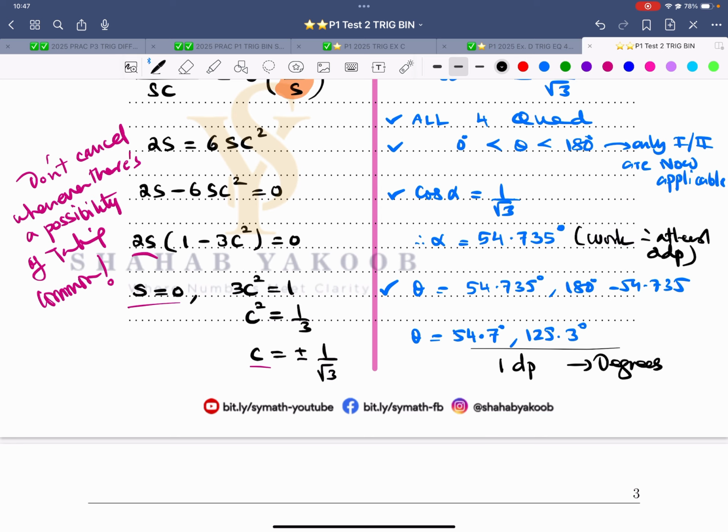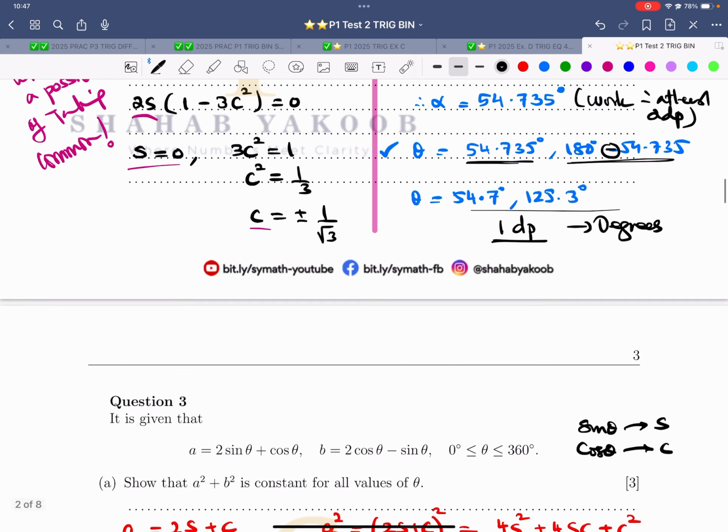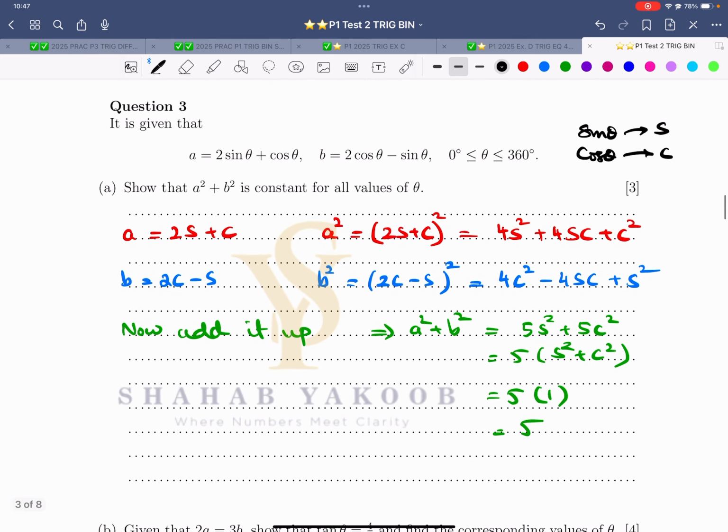So do not mix up, as I was about to mix up, between significant figures and decimal places for degrees. It's about 1 decimal place. For everything else, including angle in radians, work in at least 4 SF, final answer 3 SF. First quadrant theta is alpha, second quadrant 180 minus alpha. Final answer is done.